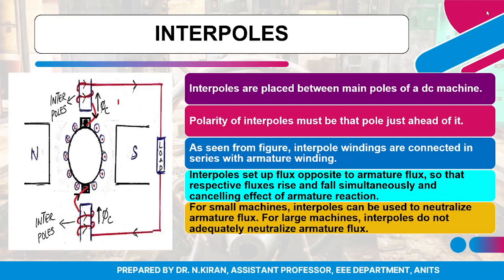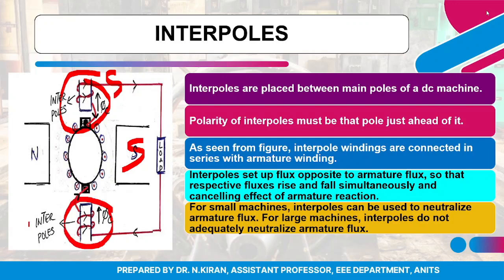If I take this diagram and consider this interpole, since the pole ahead of it is a south pole, the polarity of this interpole should also be south. When I consider this interpole, the pole ahead of it is a north pole, so the polarity of this interpole should also be north. So the polarity of the interpole is decided by the polarity of the pole that is ahead of it.